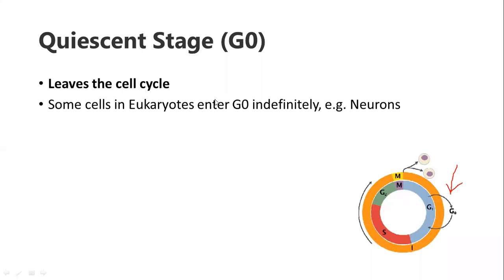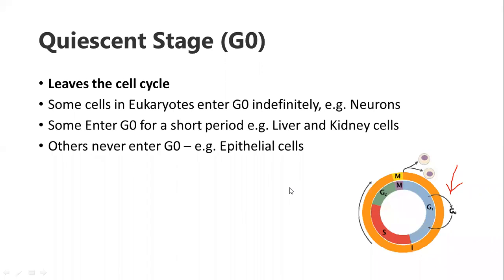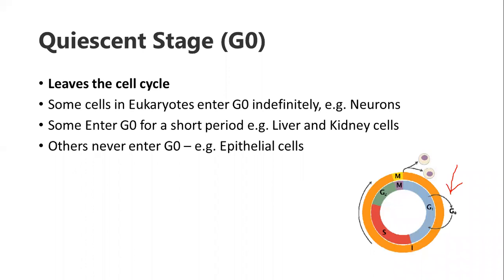Some cells in eukaryotes enter G0 indefinitely, such as neurons, or some enter G0 for a short period of time, such as liver and kidney cells. Other cells never enter the G0 phase, for example epithelial cells. So that's the G0 phase.